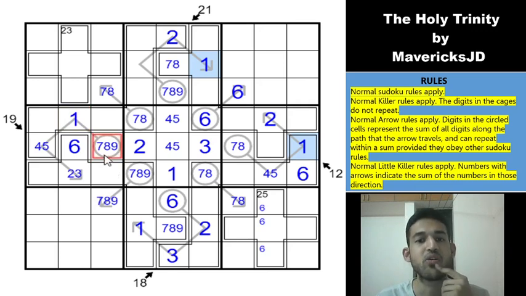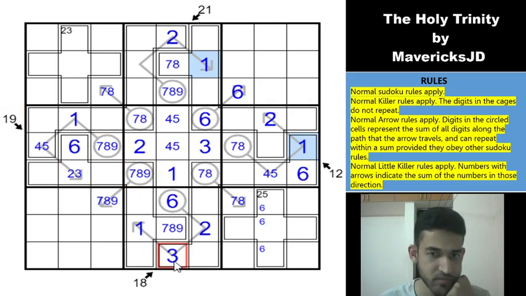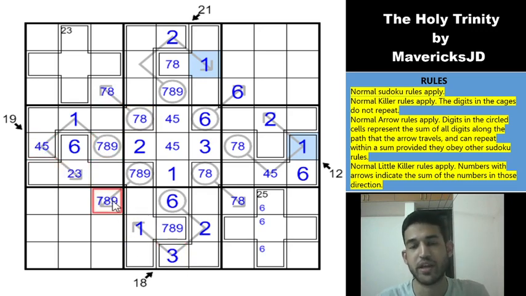So now let us try to play with these cells, maybe get something. So if this is a 7, this would be 8. This is a 7, this is a 6. And 6 plus 4 is 10, so this would be a 9. Okay, doesn't seem to be a problem. If this is an 8, this becomes 7 in value.